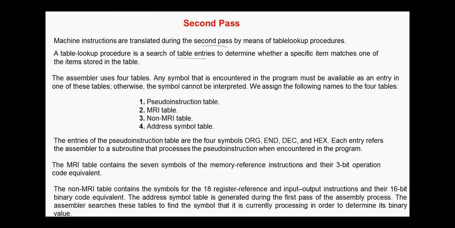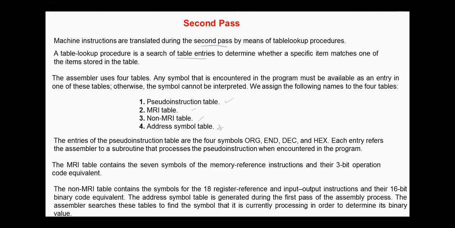The assembler uses as input four tables: pseudo instruction table, memory reference instruction table, non-memory reference instruction table, which contains register reference instruction and input, output, and interrupt tables, and the address symbol table generated from the first scan.